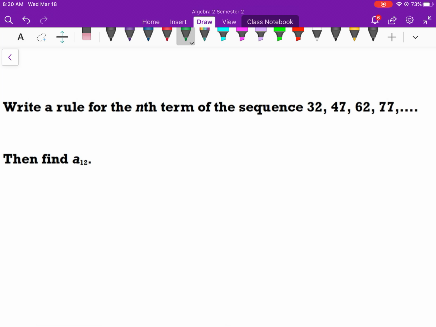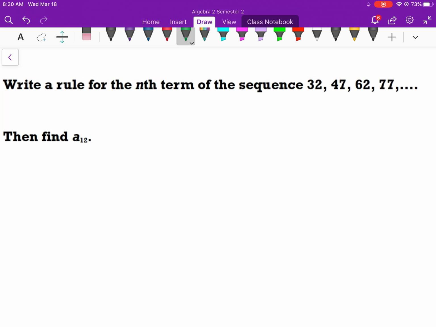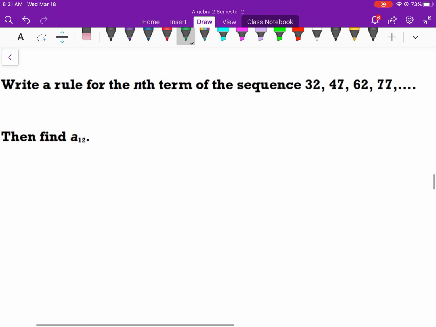Okay, so write a rule for the nth term of the sequence, then find a12. Again, if given a sequence, what we're going to do is find that pattern and then find that a sub 0. So again, a sub n is dn plus a0.